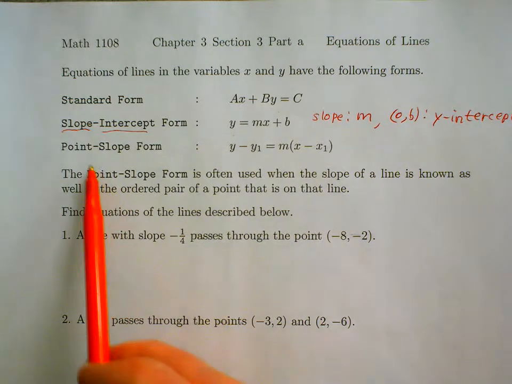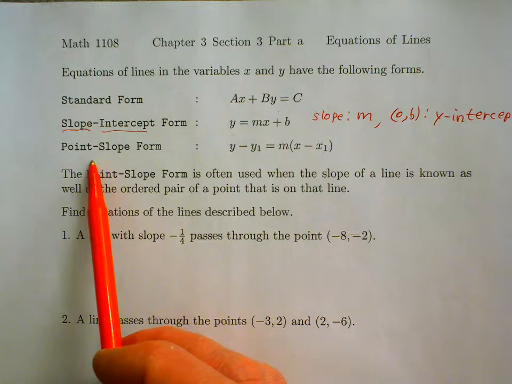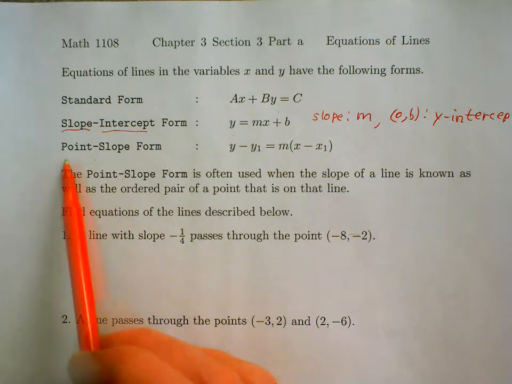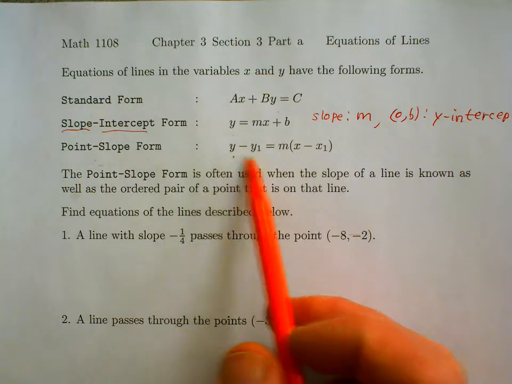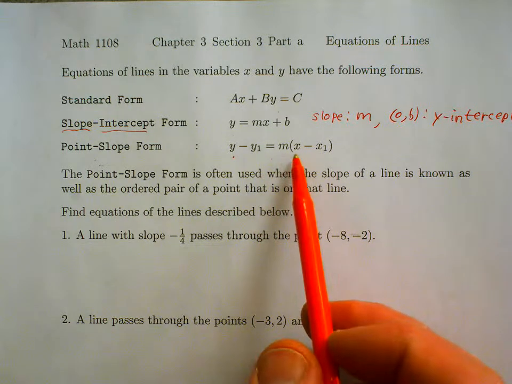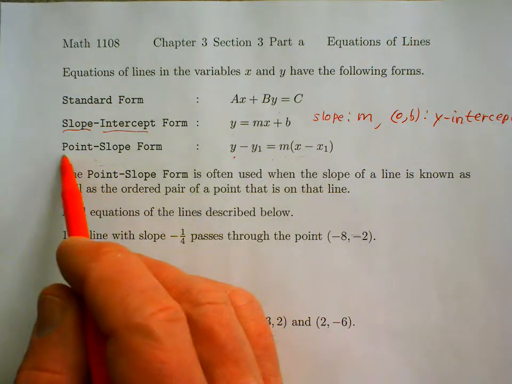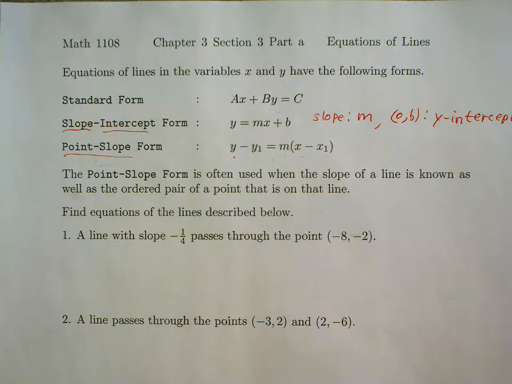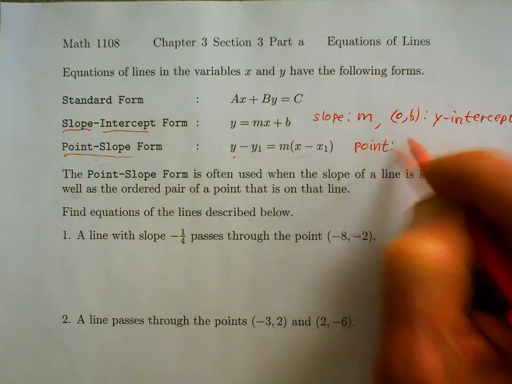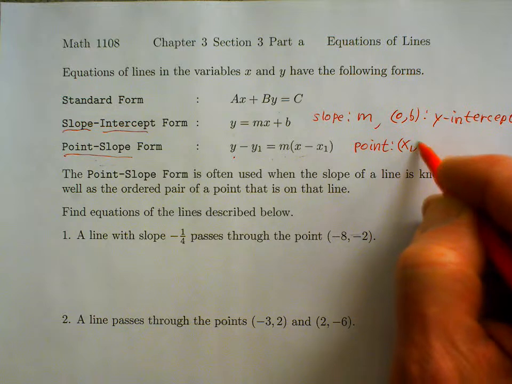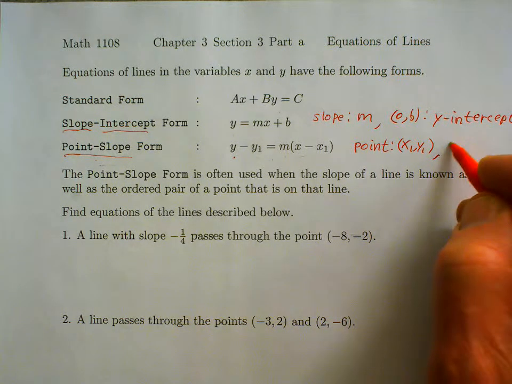Okay, a new form for an equation of a line in the variables x and y is called the point-slope form. And this one is y minus y1 equals m times the quantity x minus x1. This is called the point-slope form because a point on the line is the ordered pair x1, y1, and then the slope is m.